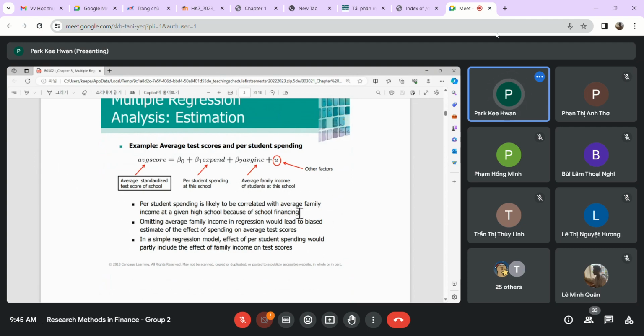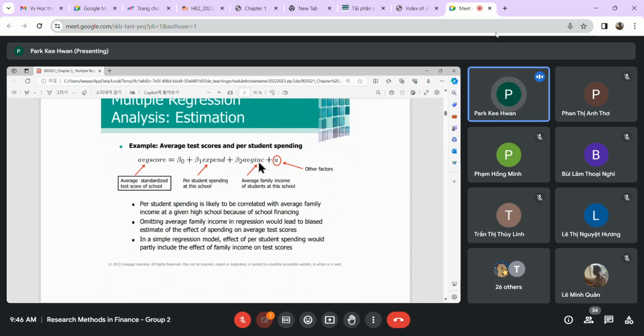So if a school has greater funding, then the average family income is higher and the student spending will be higher. So they move together, correlated.